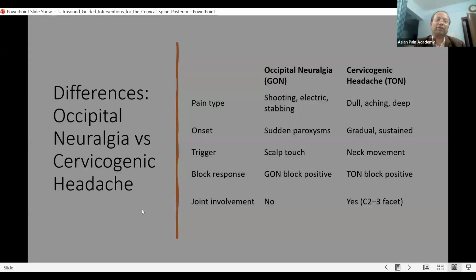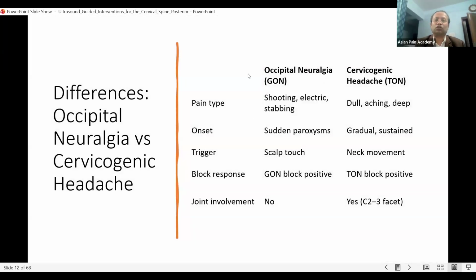If you see the differences, occipital neuralgia causes shooting, electric, stabbing pain, whereas cervicogenic headache, which can be caused mainly by the T2 T3 facet joints, will be a dull aching pain.